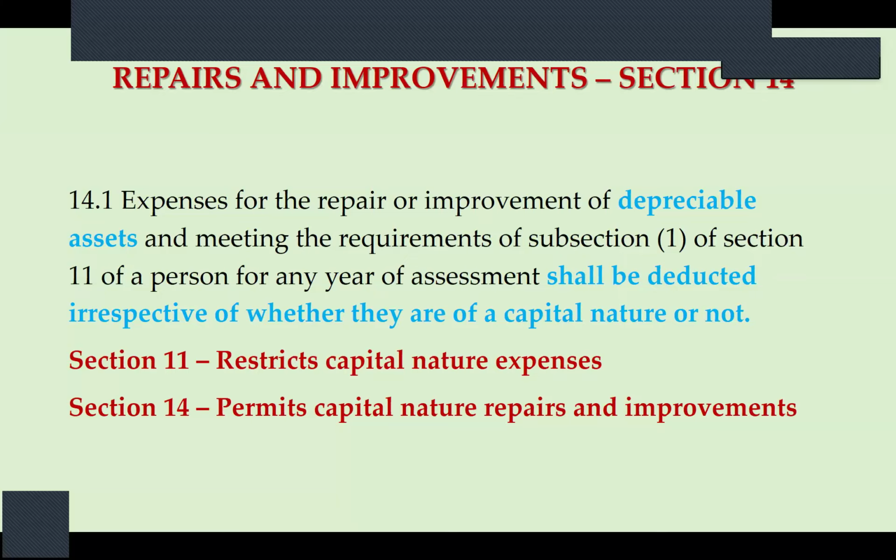If it is a repair and improvement, deductible under a specific deduction rule, then we have to apply the specific deduction rule. In addition to that, capital nature expenditure can be deducted. So these two benefits are available if we are going to deduct it under the specific deduction rule.